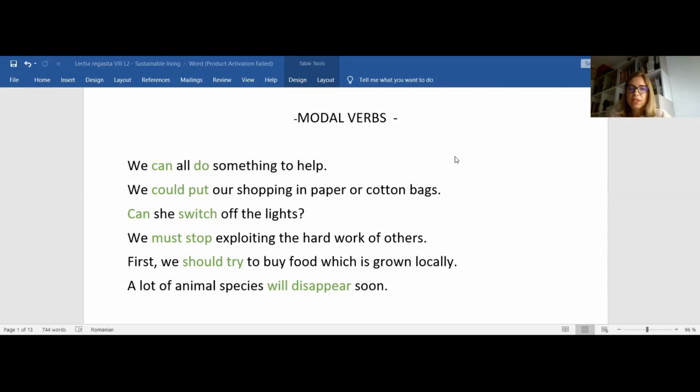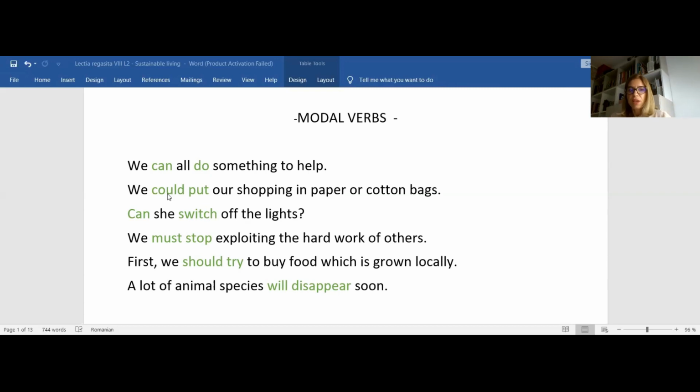What's more, these modal verbs function as auxiliary verbs. So they can form the interrogative and the negative by themselves. As in this question, can she switch off the lights? So we have the inversion, modal verb subject, and we have obtained a question.